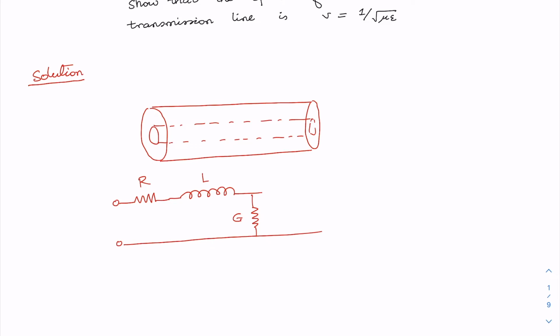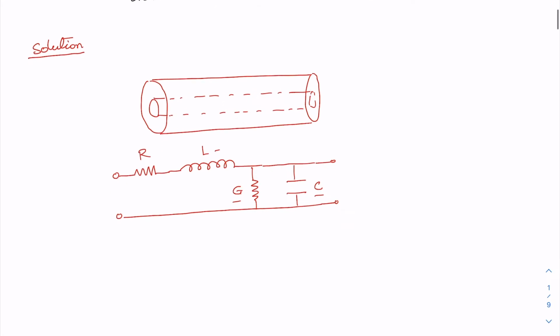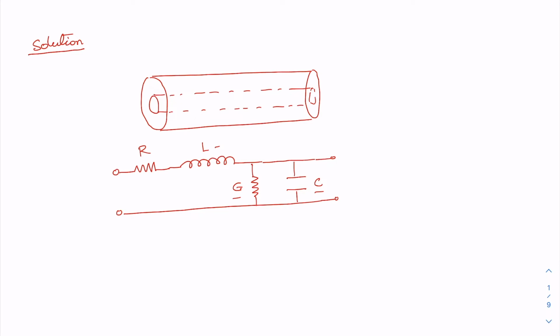We have a conductance and also this capacitance here. So here R is the total resistance of the coaxial cable, C is the total capacitance, L is the total inductance, and the conductance refers to the total leakage resistance.